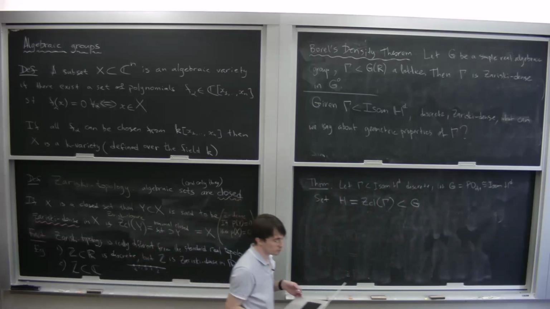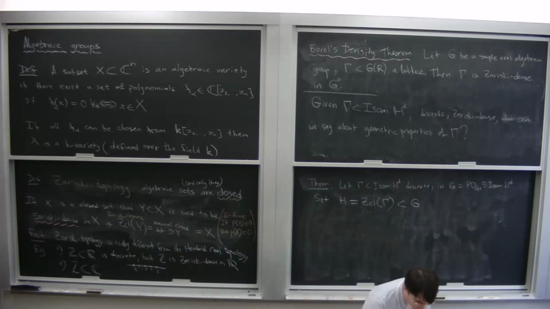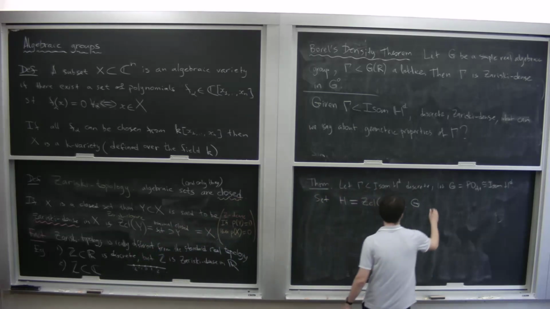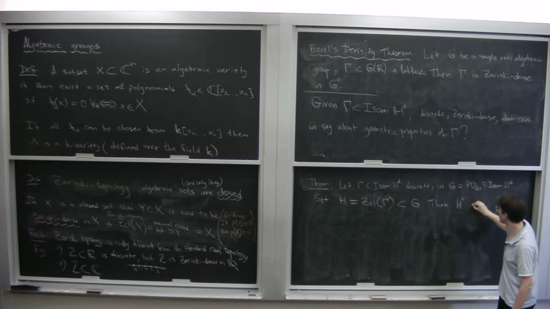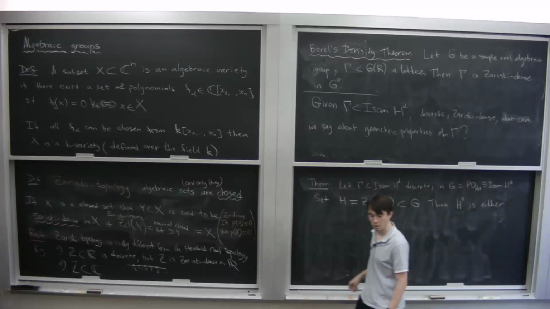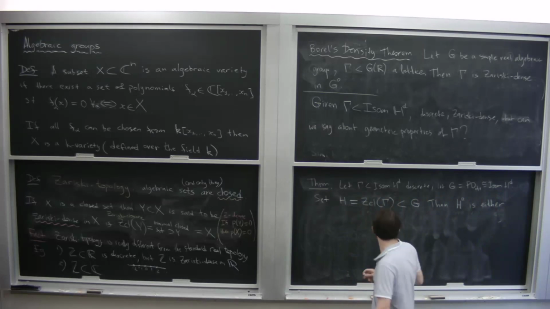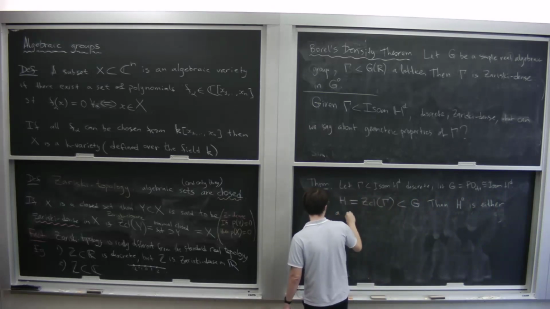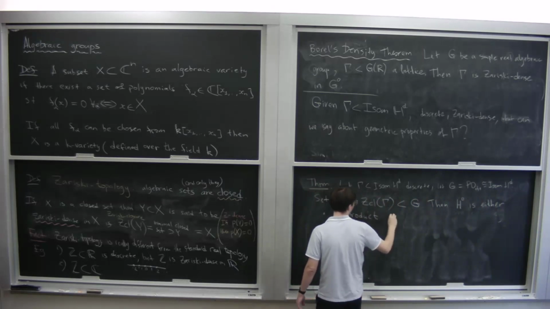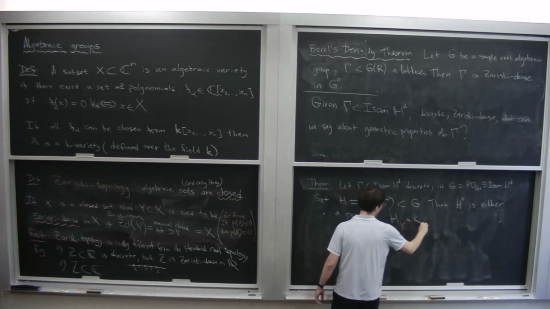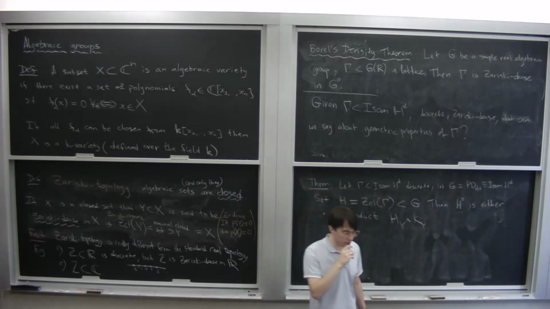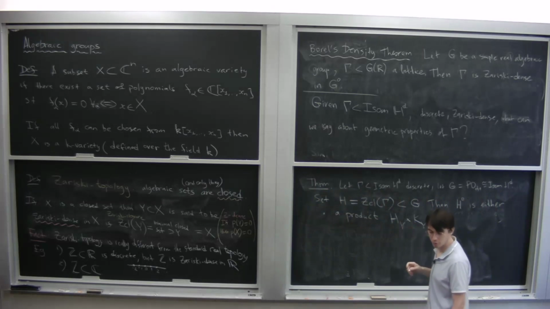Then the connected component of H is either a product, H_Y times K_Y, so it's a group of orientation preserving.